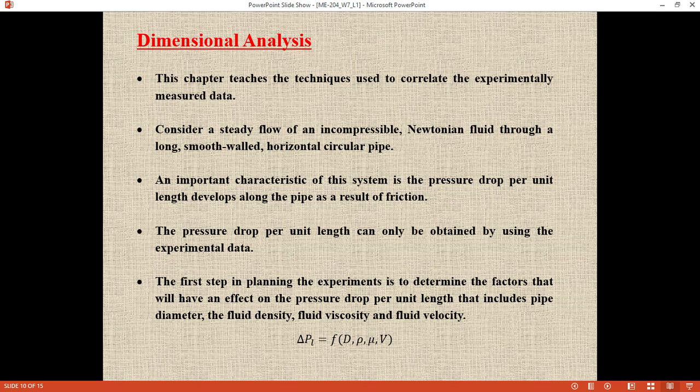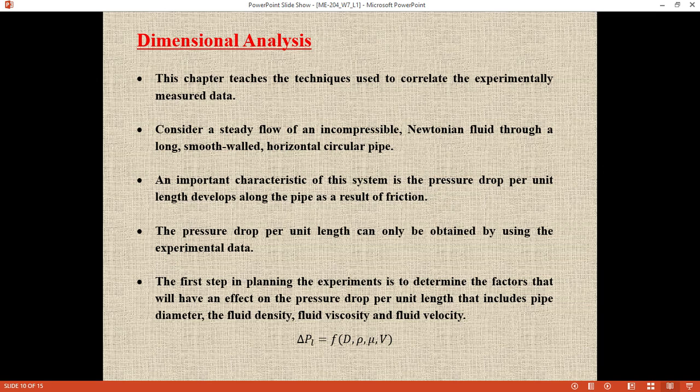Based on this pressure drop calculation, basically we calculate the size of the pump. Whatever the pressure drop of the pipe, based on that we would be able to calculate the size of the motor or the pump, along the pipe as a result of friction.